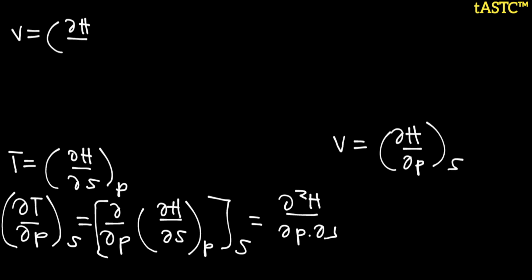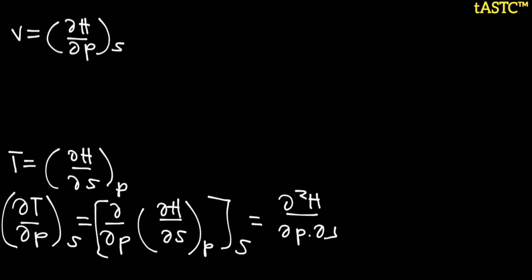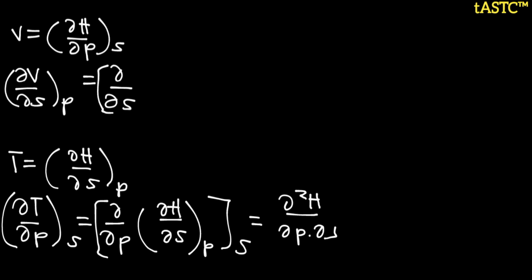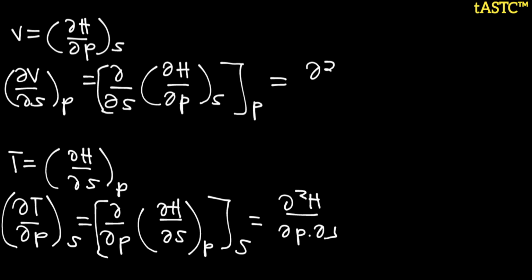This is partial H partial P at constant S. Now we need to differentiate both sides with respect to S at constant P. So that is going to be partial V partial S at constant P, and here we're going to have partial S. You know, this must be at constant P. Now we need to differentiate what was already on the right hand side, and this is with respect to P. So as usual, this is going to be d squared H divided by dP.